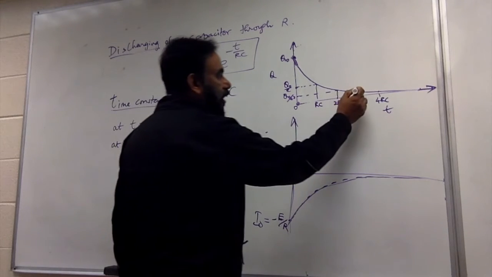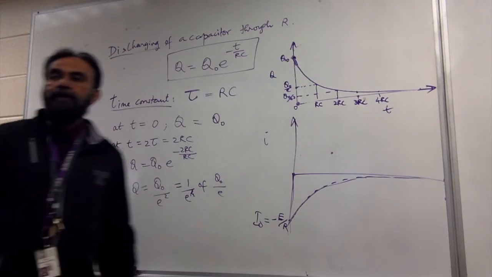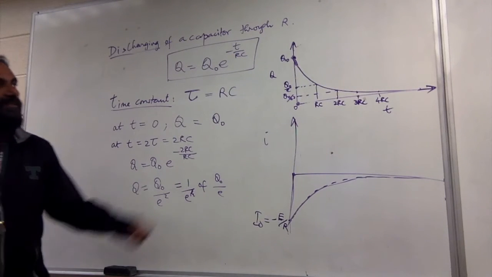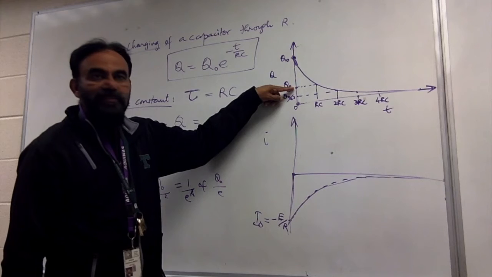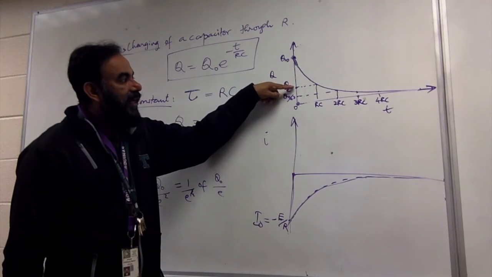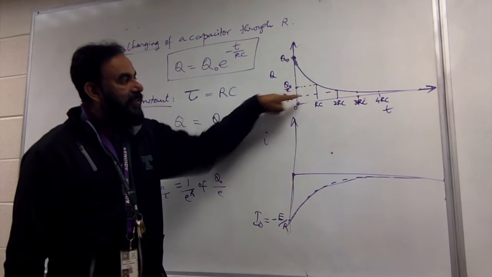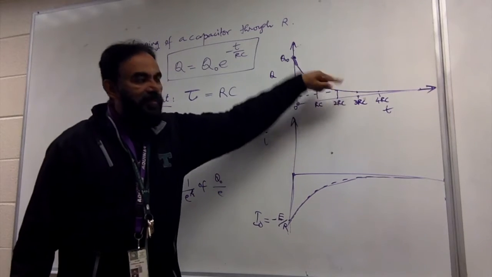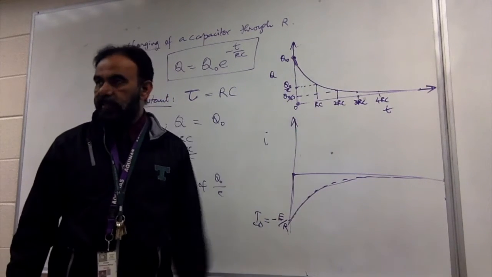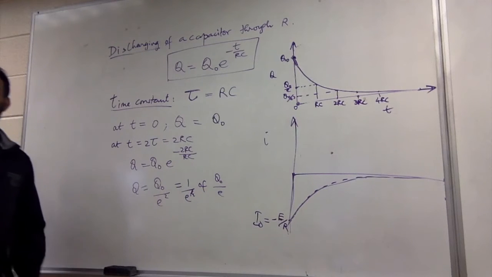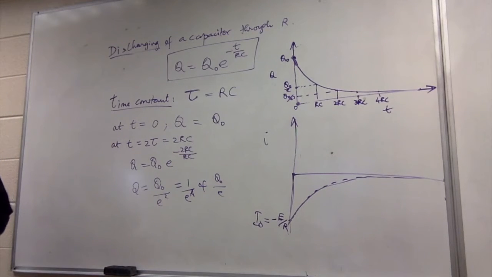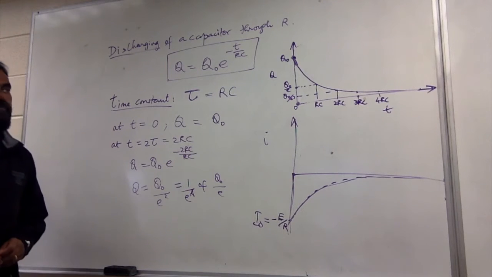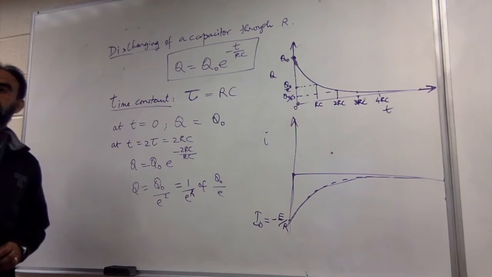So you can see it's dropping off every time by almost 63%. A drop from here to here is 63% of what was here, and 63% of what was here is here, and from there it keeps fading off like that. That's why it's an exponential fall, because you're talking about Q naught over e, Q naught over e squared, Q naught over e to the power of 3, e to the power of 4. It's an exponential decay. Same sort of decay you'll see in radioactivity as well.